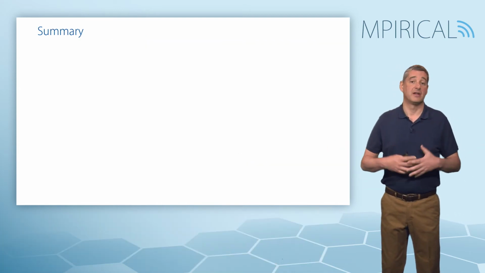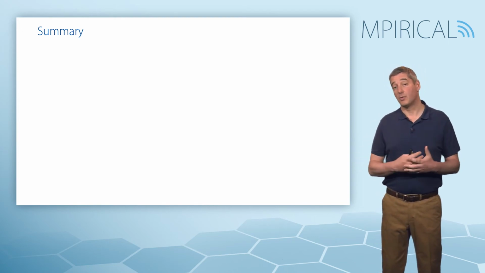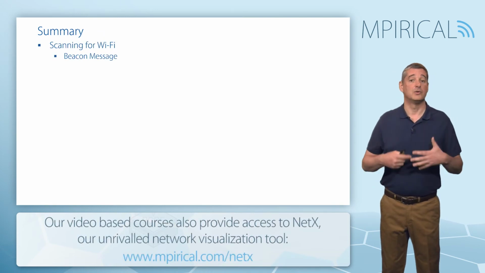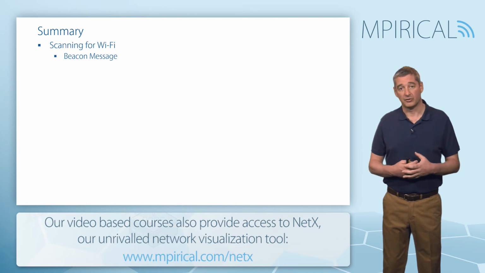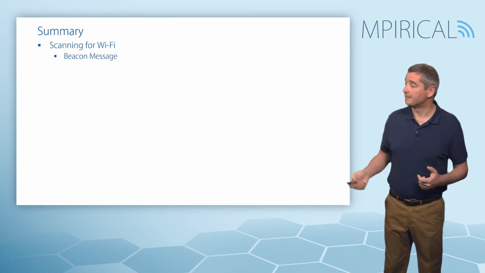So there we have it, the methodology employed by our stations as they try to find a suitable Wi-Fi network. To begin with, we looked at the passive method, which used the combination of beacon messages broadcast from the various access points, enabling our station to build up a picture of the available Wi-Fi.